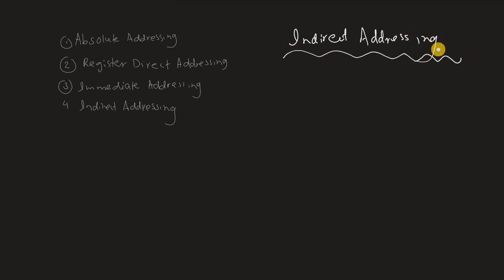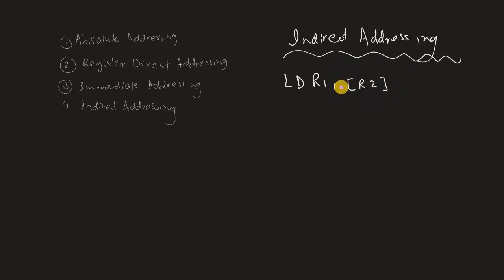Indirect addressing basically uses a register to provide a location in the memory. An example of indirect addressing would be something like load R1, and then we have the address of R2. In indirect addressing, you're always going to have some sort of brackets over here.